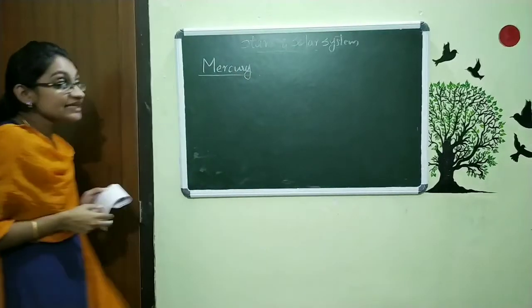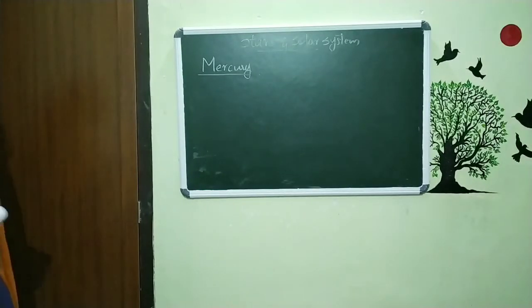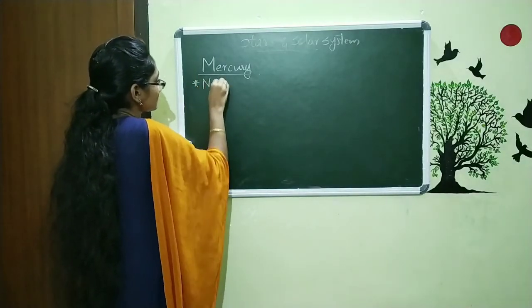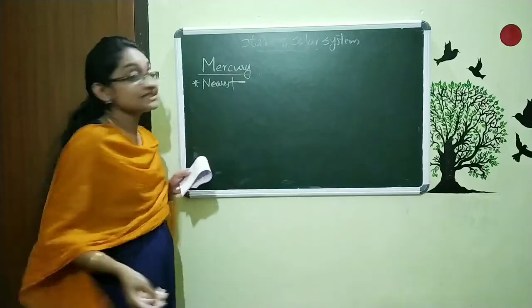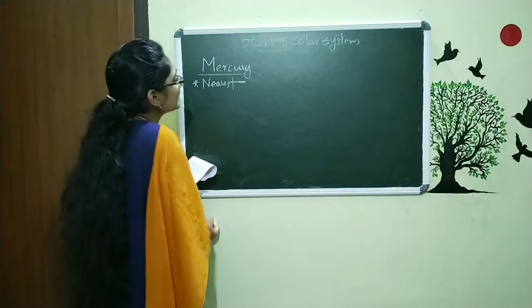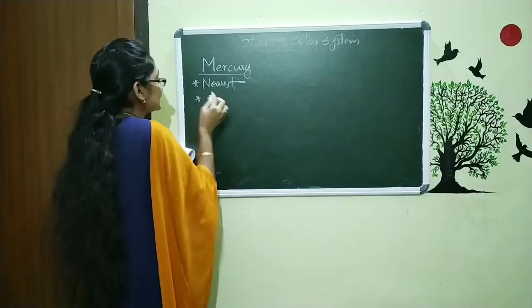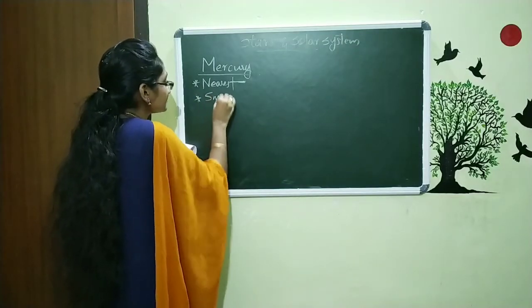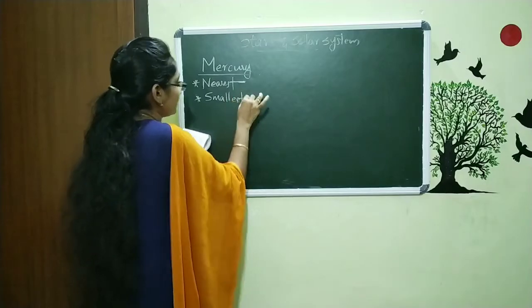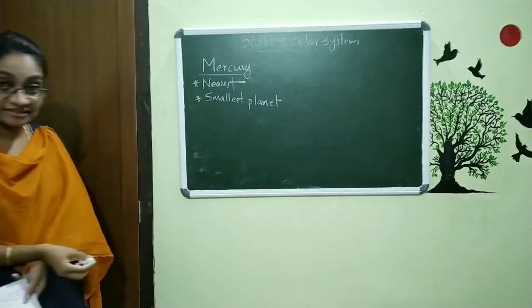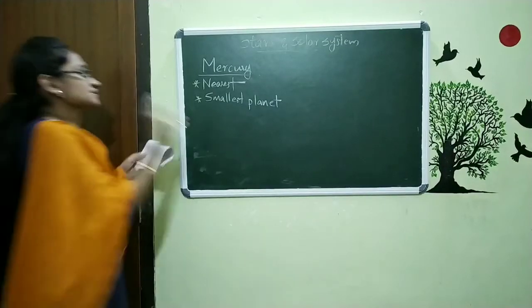This is the nearest planet to the Sun. And actually this is very small. We can say this is the smallest planet in our solar system.